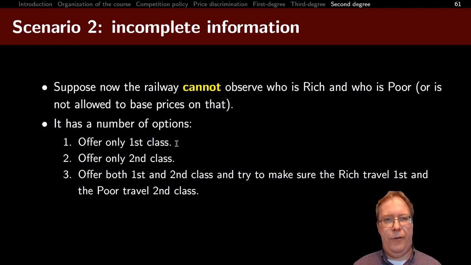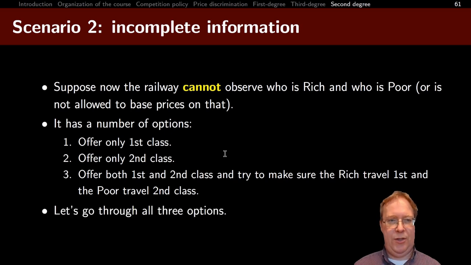It can only offer first class, it can only offer second class, or it can offer both first and second class, but try to tweak prices such that the rich travel first and the poor travel second. Okay, what is the best thing to do? To find out, we simply have to go through all these options.